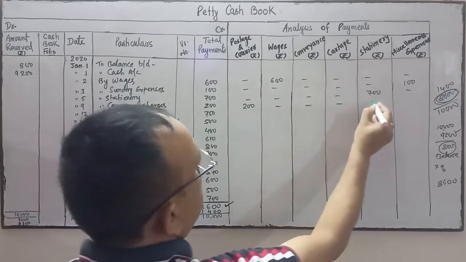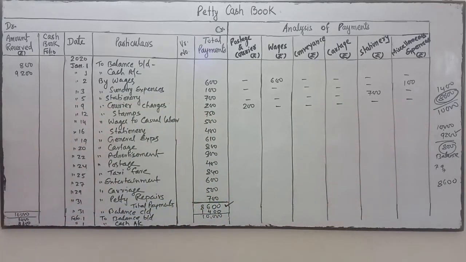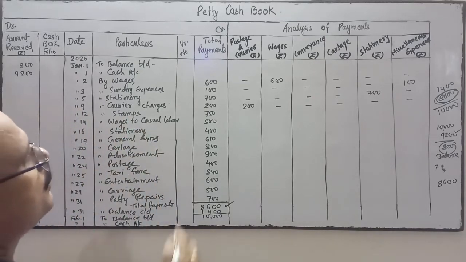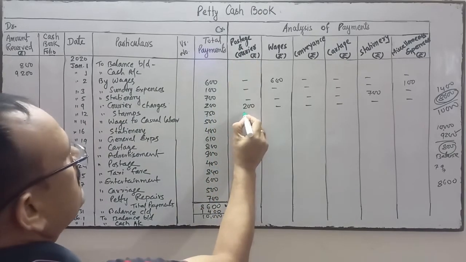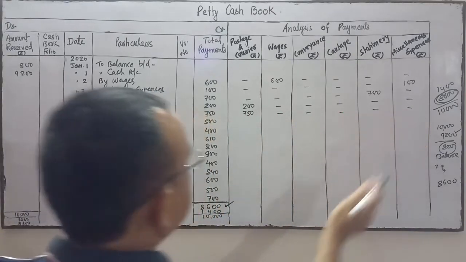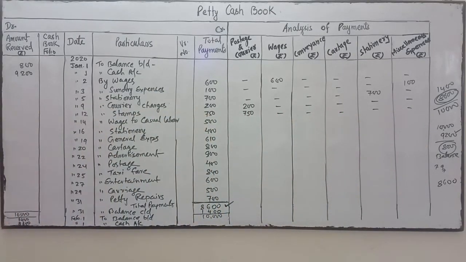Courier charges will be in the postage column. Next is stamps. Stamps will be in the postage and stamps column, over here. Is it clear? Stamps 750.